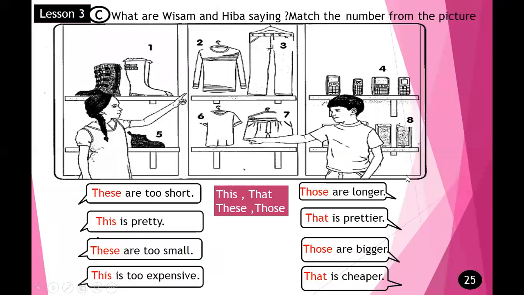As you see, we have this picture in the middle of this page, and we have Wissam and Hiba. They are talking about clothes in this picture. Match the numbers from the picture.